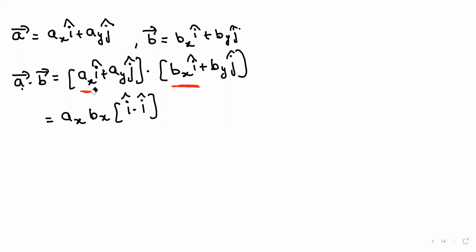Then we multiply AXi and BYj. So we get plus AX into BY, and we write it as i dot j.